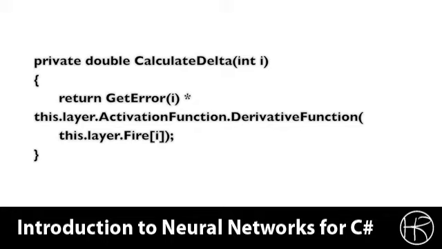We use these derivatives to calculate the contribution of each neuron to the error, and this gives us a delta that is going to be applied to the neuron's weight later when we actually update the weight matrices. The delta is the amount that we need to change the neuron's weight by to achieve this change.